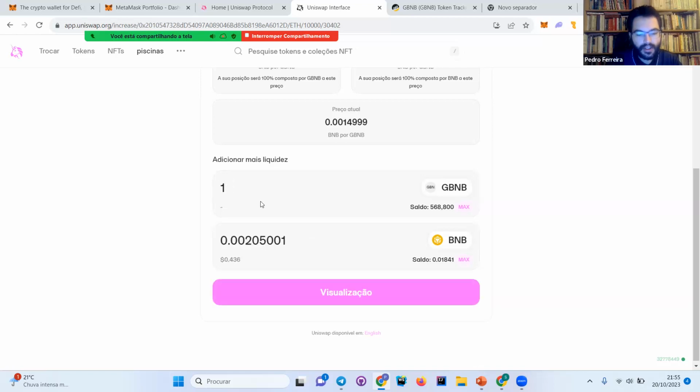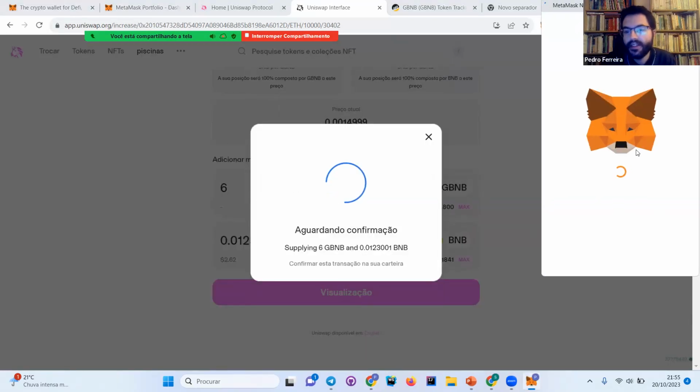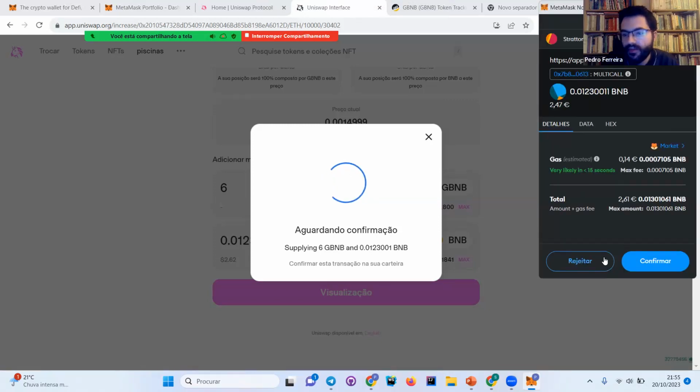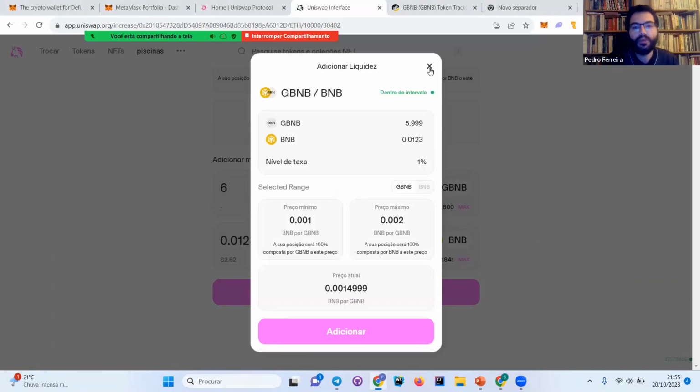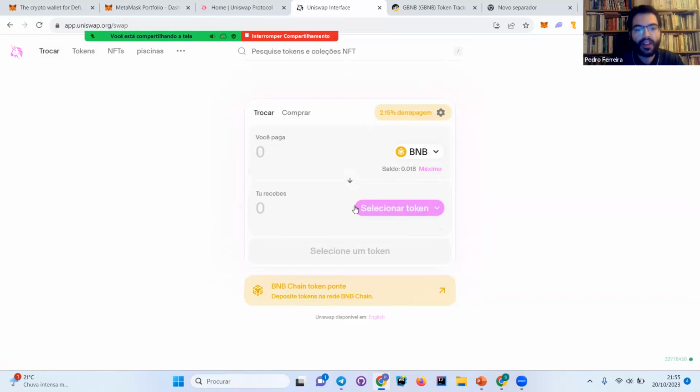More liquidity. Just to see how much is the fee. It's a little bit high. You will not be able to add liquidity, but I will explain the process the same.